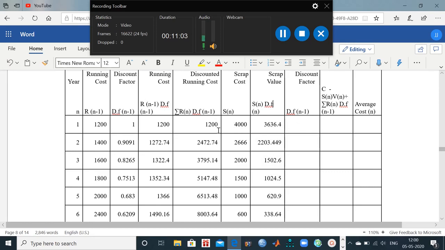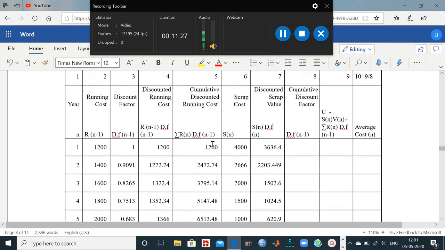So 4000 multiplied by 0.9091 would have been 3636, and 2666 multiplied by 0.8265 would have been 2203.